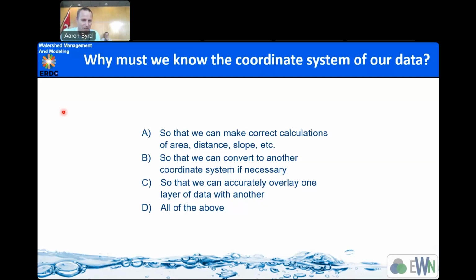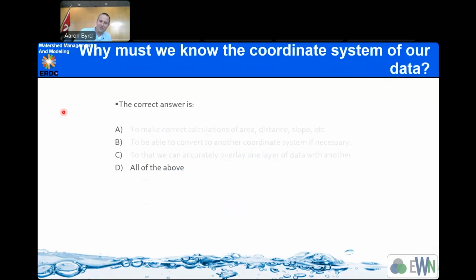C, so that we can accurately overlay one layer of data with another. Or D, all of the above. All of the above. Yeah, I think we've talked about all these things. So it's all of the above. There you go.